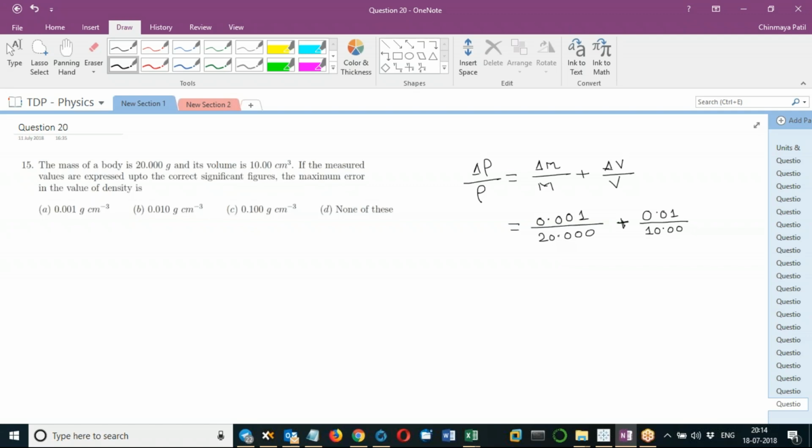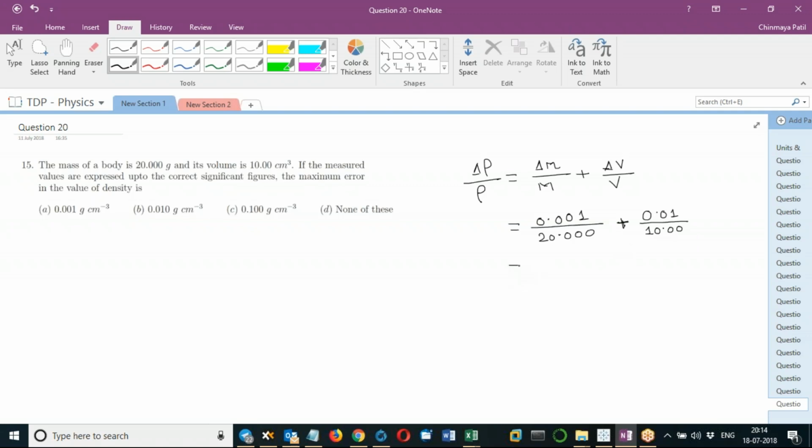Notice here it was 20.000, so that's why we have given 0.001. Here as well the volume was 10.00 centimeter cube. As after decimal there are two digits, we also gave delta v as 0.01 because according to the question, the measured values are expressed up to the correct significant figures.